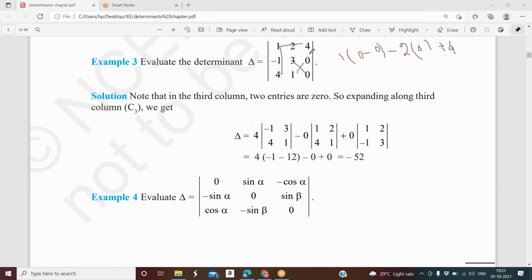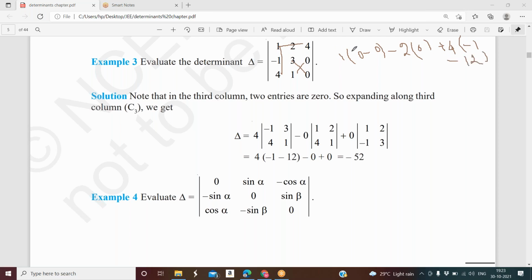Because 4 is A13, the third element in the first row. A13 means minus 1 power 1 plus 3. What is minus 1 power 4? It is plus. So plus 4 into minus 1 into 1, minus 1 into 3, minus 2.